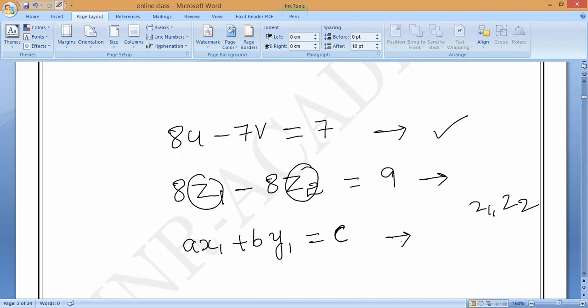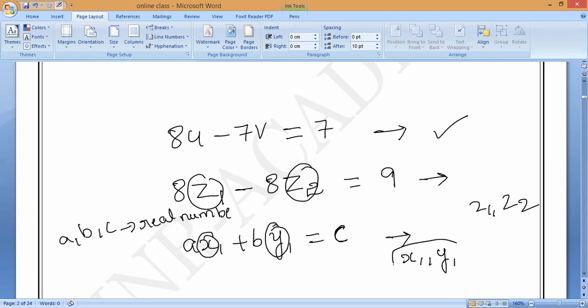Here a, b, c are real numbers, and x1 and y1 are the variables. So two variables. Now, is it a linear equation in two variables? Say yes or no. Yes, ma'am. Okay.